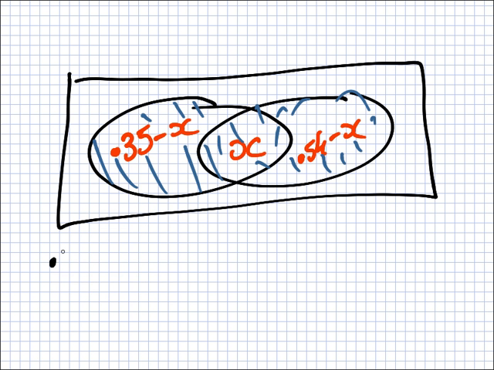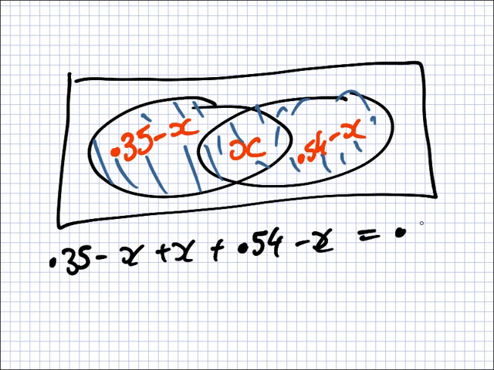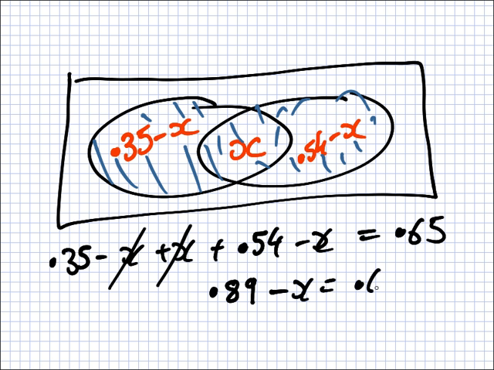So that means 0.35 minus X plus 0.54 minus X should equal 0.65. That's 0.89 minus 2X equals 0.65. So X is 0.24, is it?